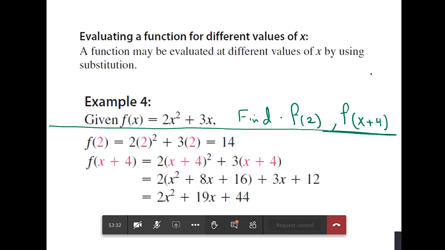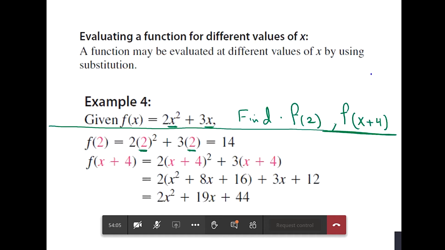Now, let this be a solved example for you. But here we review quickly. If we need to find f(2), we need to substitute the 2 into the x squared and the x, and find the value by calculator, using addition, subtraction, multiplication, exponent, and so on.